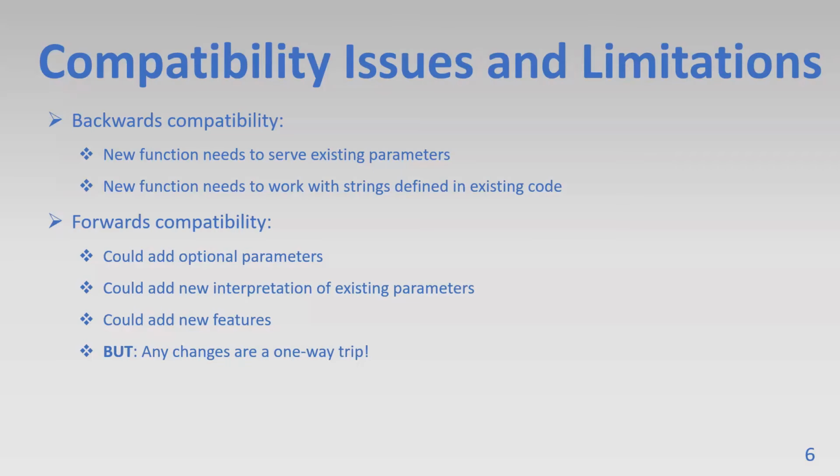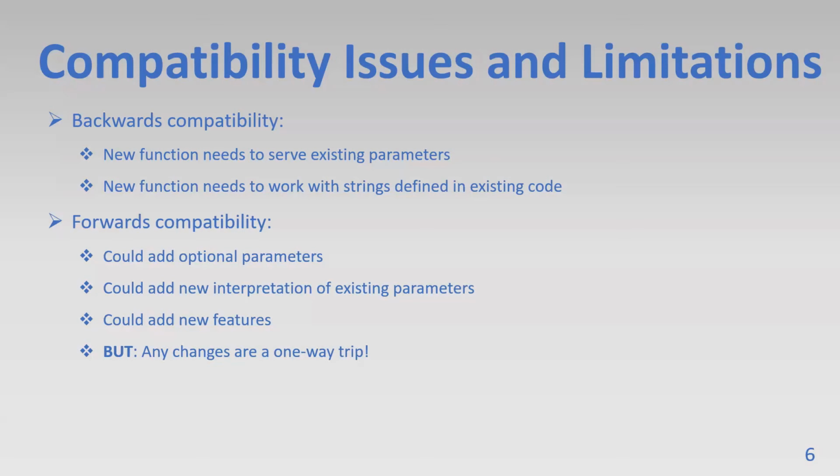I could interpret existing parameters in a different way. And in fact, I break these rules, and I do actually do that in a certain way, as you'll see later on. But I need to do it in a way which is forwards compatible. And I could add some new features, like I could add in hyperlinks and help boxes and extra buttons that do things. But then I'm deviating from my original plan.